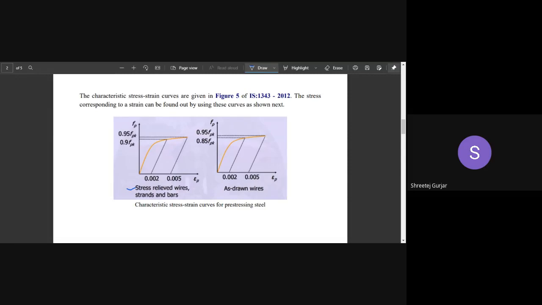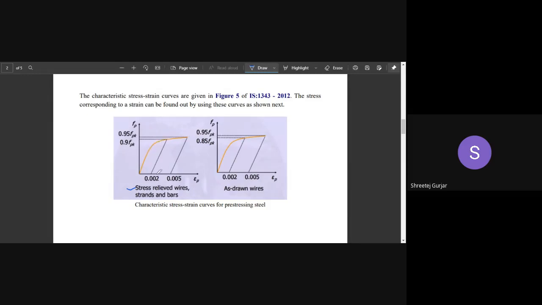It is some type of treatment which you give to your wires, bars and strands, so that the stress in this is relieved. Whenever you plot your stress strain curve for these wires, you can see it is linear and elastic in the initial stage, and then it becomes non-linear and inelastic.